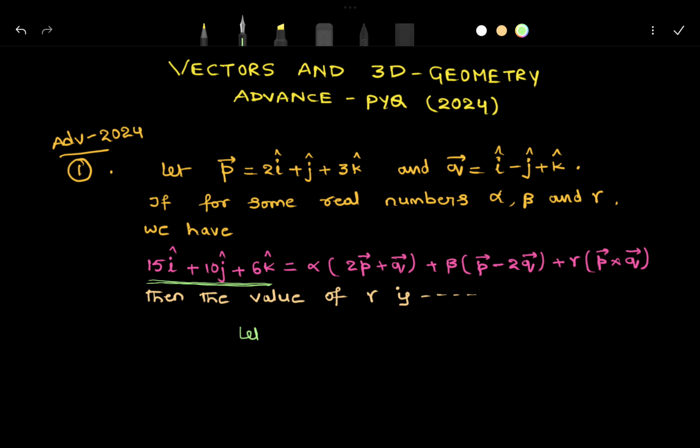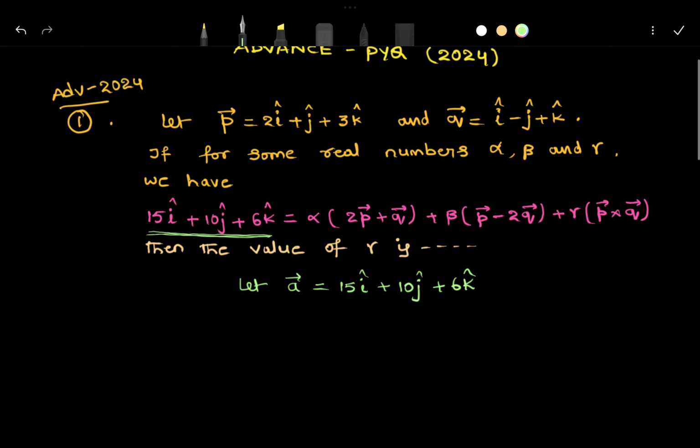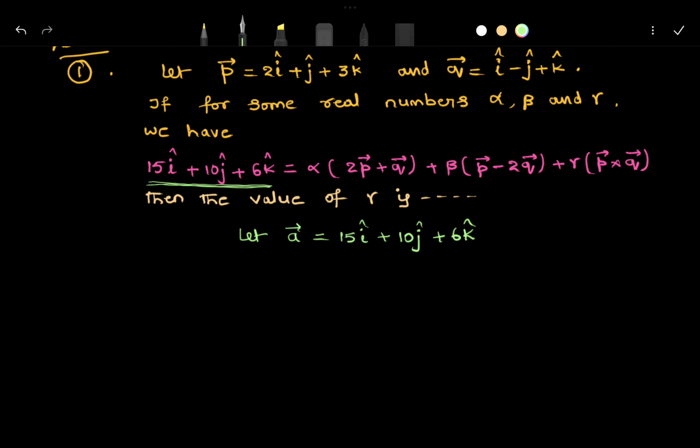So let A bar be equal to 15 into i cap plus 10 into j cap plus 6 into k cap. After assuming this vector as A bar, the given expression becomes what?